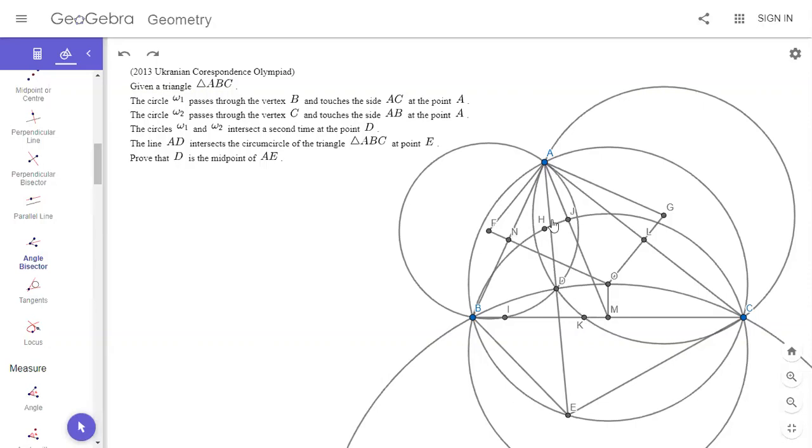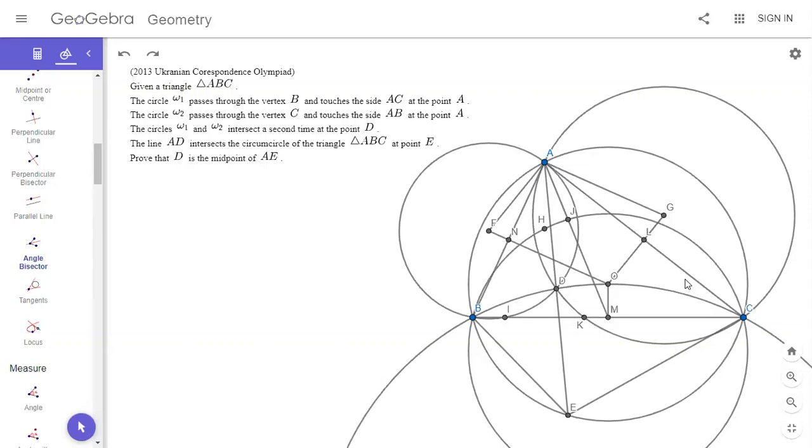Yeah, so NAD is equal to AKD automatically, right? Since NA is tangent, right? Yes. I guess we don't even need to do an angle chase. It's immediate, right? Angle NAD is equal to angle AKD, right? See what I'm saying?